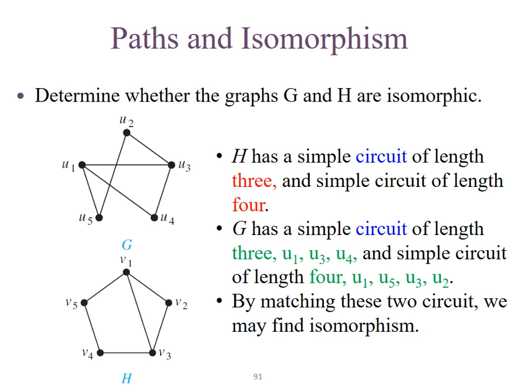So we have a circuit of length 3 and a circuit of length 4. Actually, you can then match G and H to be isomorphic graphs.